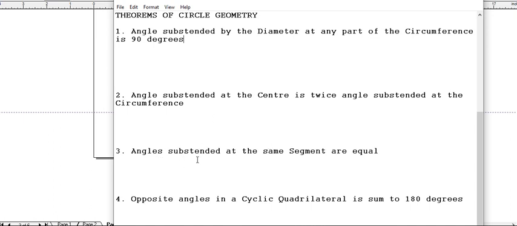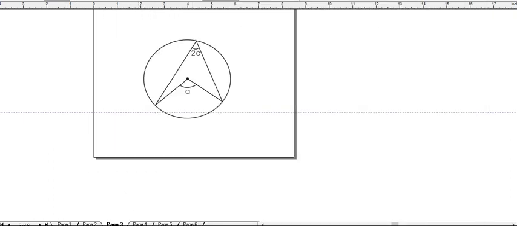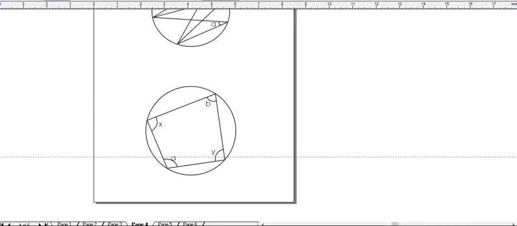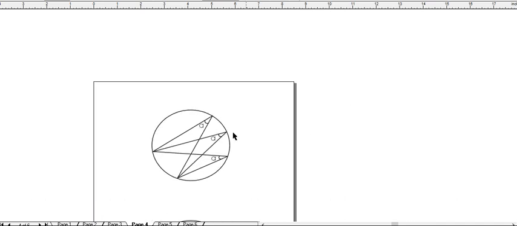Now let's go to the third theorem, which says angles subtended at the same segment are equal. Let's look at that. Look at this particular circle now. You can see all these angles A are on the same segment.